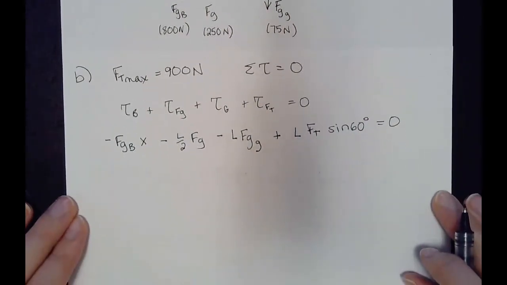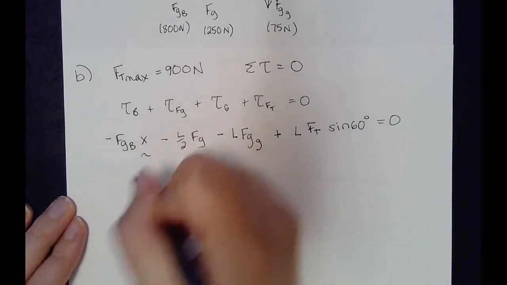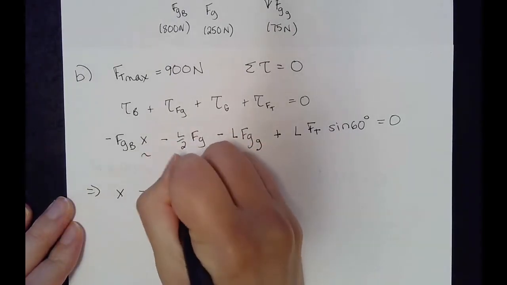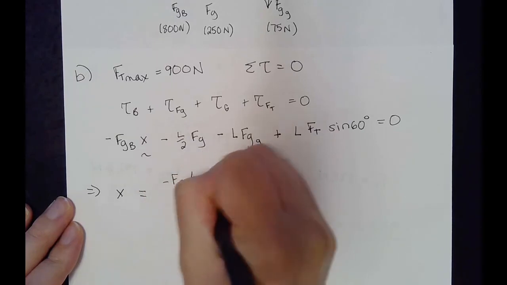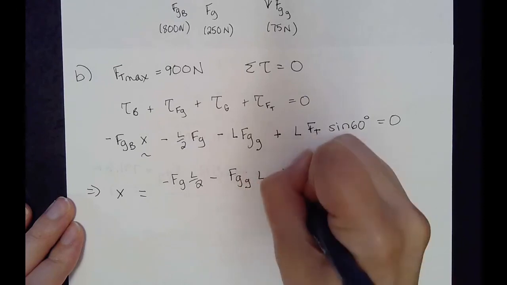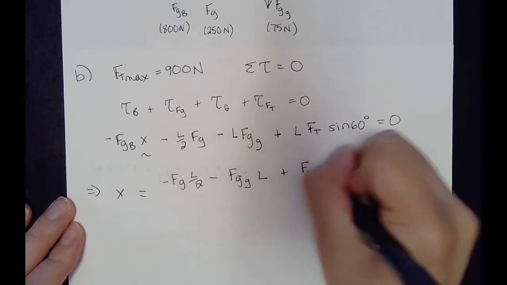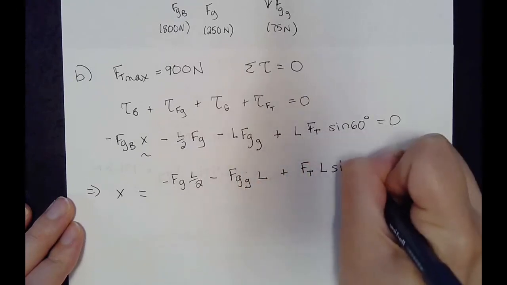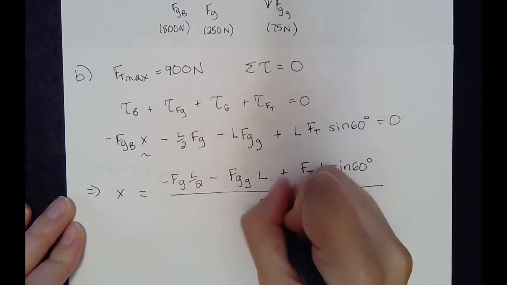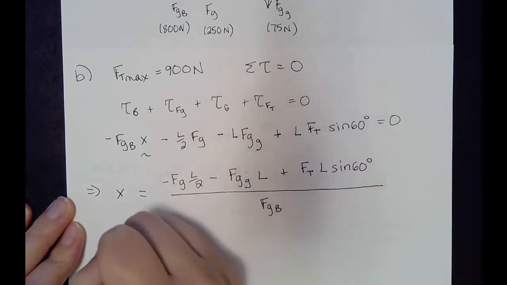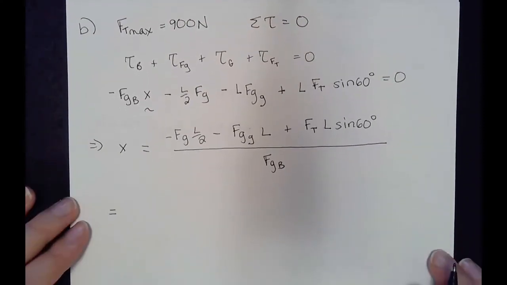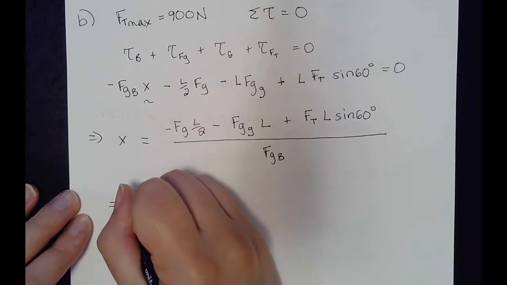And this time the unknown that we're solving for is x. So I get x equals negative Fg L over 2 minus Fg of the goodies times L plus the tension L sine 60 over Fg of the bear. All right, and now we can plug in numbers.